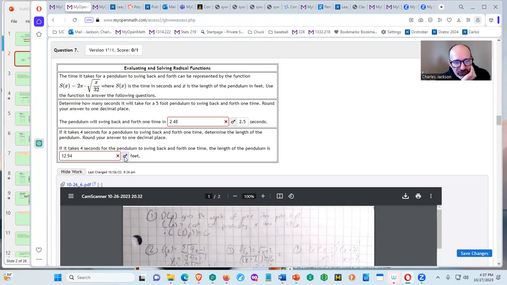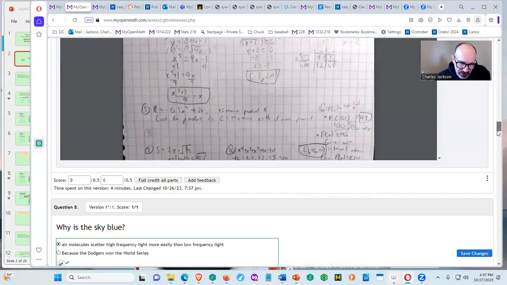So that's probably going to be full credit also, because you solve for x. You let s of x be 4, and then you solve for x. I think I saw that.